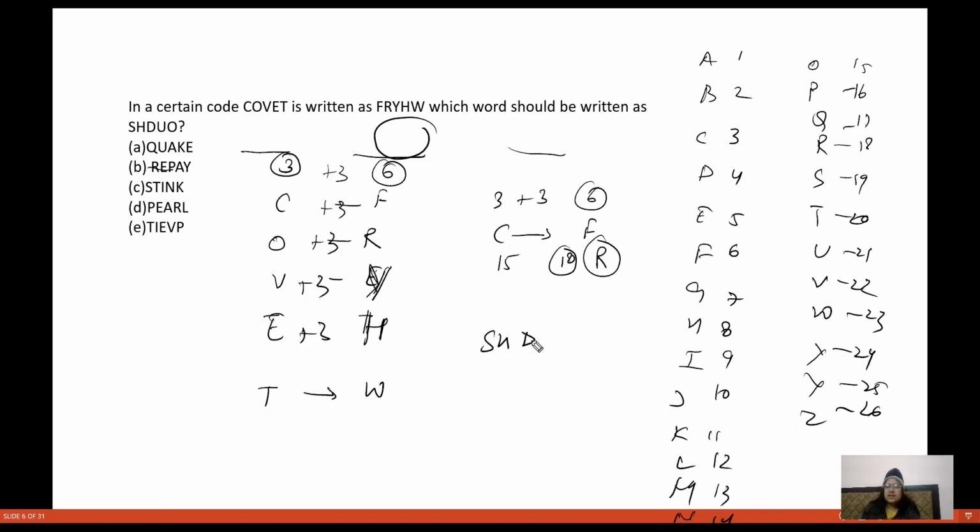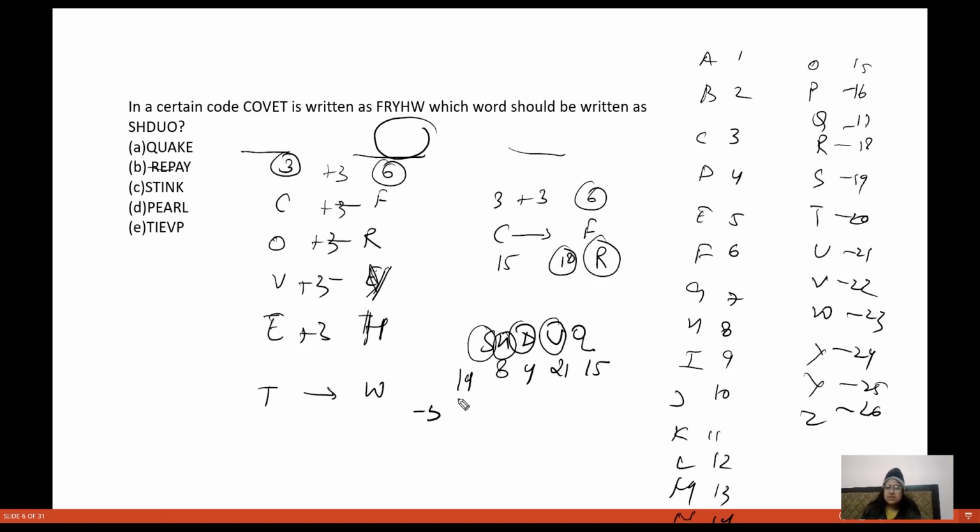Now what is given to us? SHDUO. S is 19. H is 8. D is 4. U is 21 and O is 15.